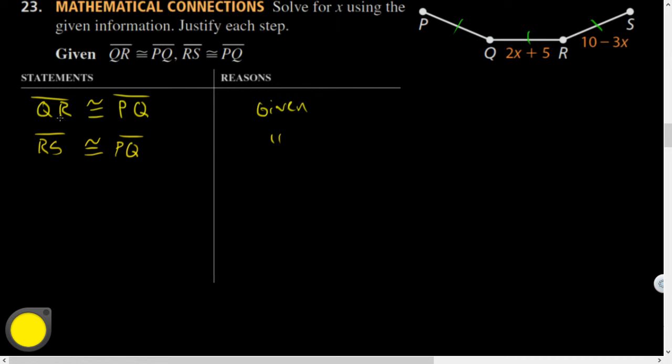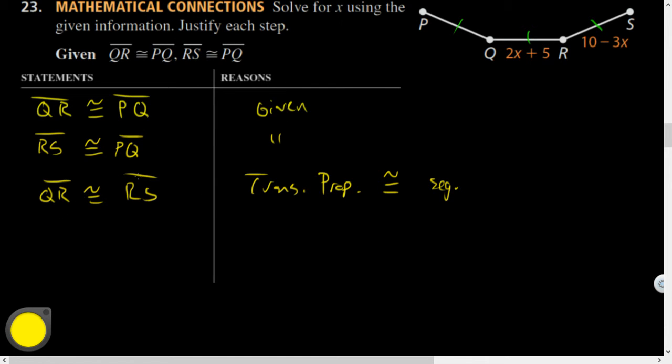And then you guys are saying that you think QR is going to be congruent to RS. And that's true by the transitive property of congruence, segments, technically, right? But someday you guys will say transitive, I'll say transitive. We'll all know what each other is saying.